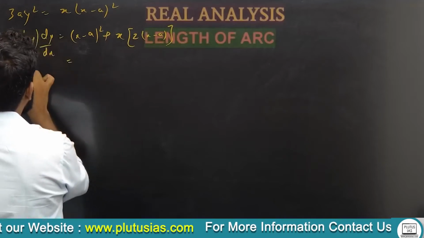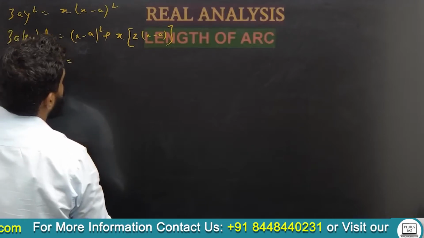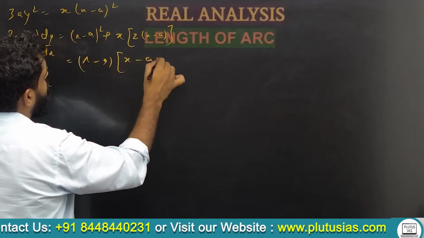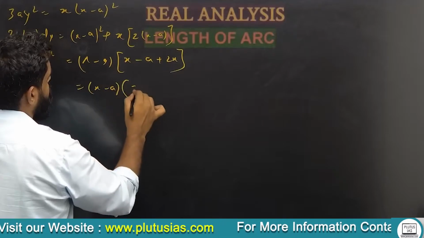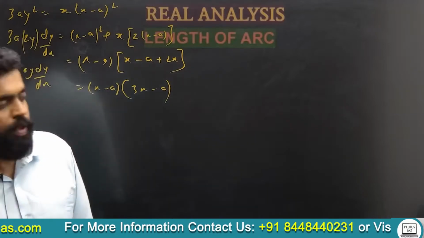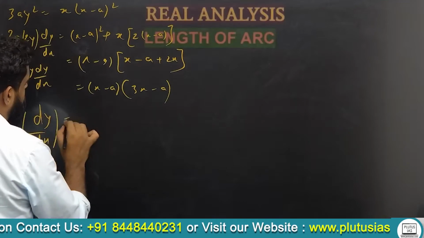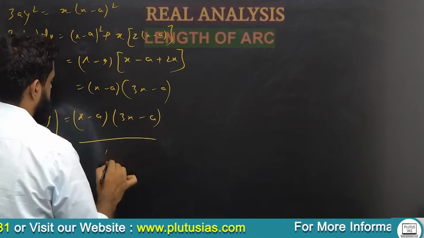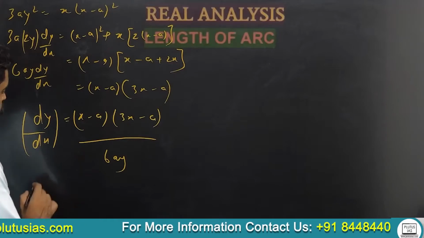If I take x minus a common, we get x minus a plus 2x, or x minus a times 3x minus a. So we have dy by dx as (x minus a)(3x minus a) over 6ay. Now we have to square it.